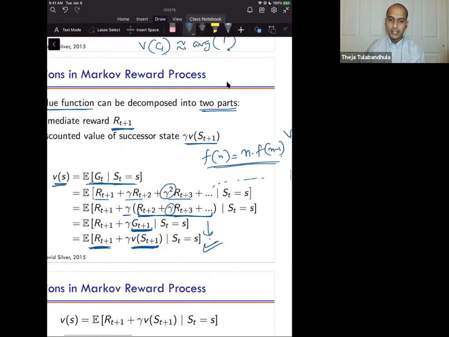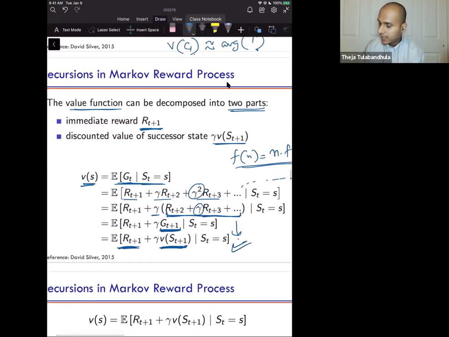So this is a key equality, okay? And you'll see that we can define what is called the Bellman expectation equation. We'll talk about this soon. It comes exactly from here. We haven't even talked about the RL problem yet. From Markov chains, we've gone to Markov reward processes.